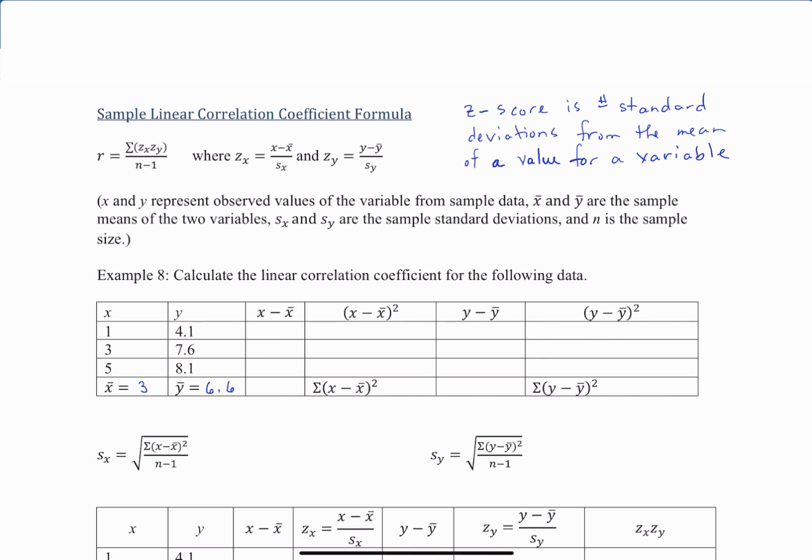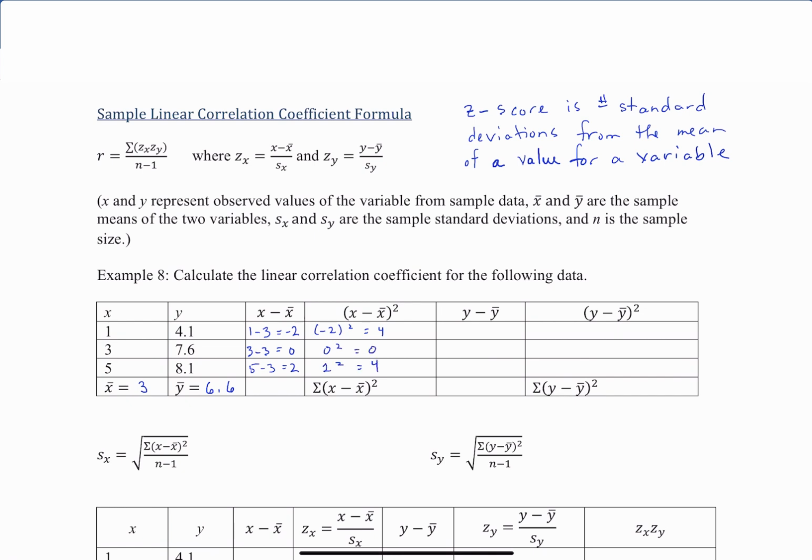So 1 minus 3, which is negative 2. Then in the second row, I'm going to have 3 minus 3, which is 0. And in the third row, I'm going to have 5 minus 3, which is 2. In the next column, we square each of those. So negative 2 squared is 4, 0 squared is 0, and positive 2 squared is 4.